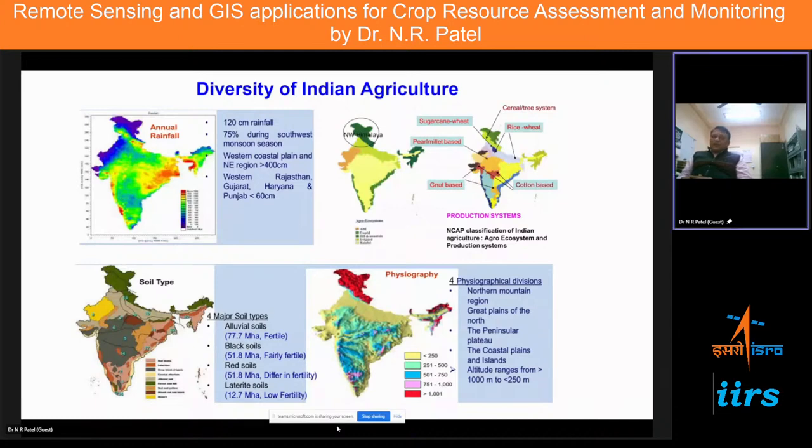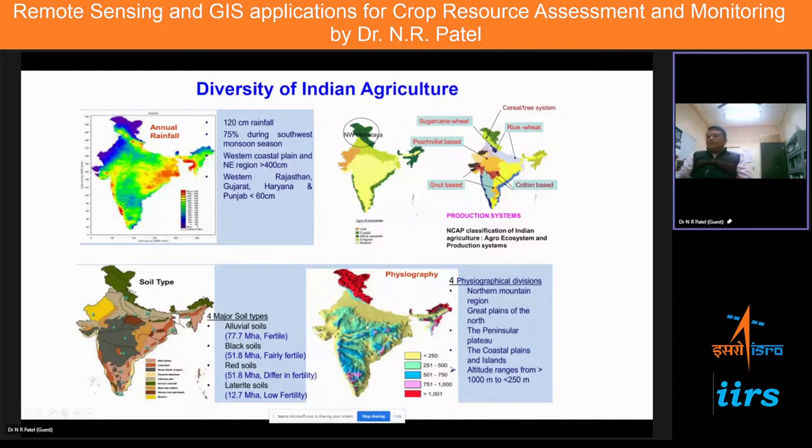Many types of soil you will find, mainly in the Indo-Gangetic plain, that is nearby you can say whole Uttar Pradesh, Bihar, Bengal, Rajasthan, Punjab, Haryana. Those are mainly alluvial plain, loamy sand, good soil. But in the peninsula, you will find lateritic red soil.